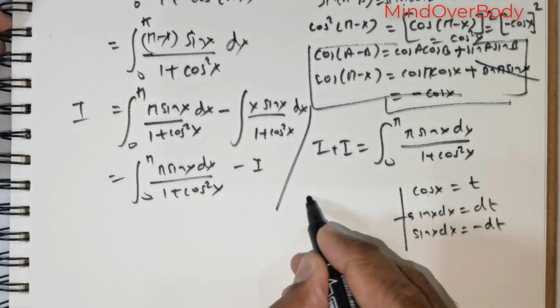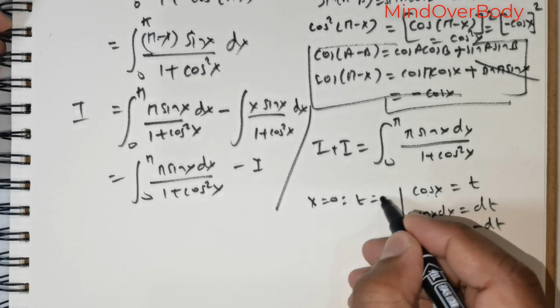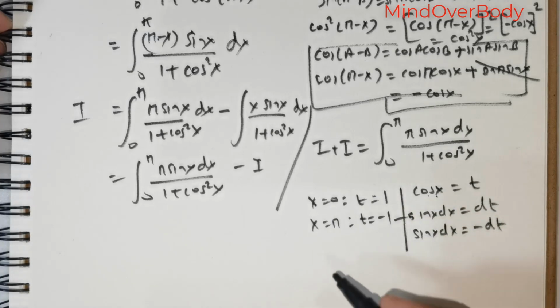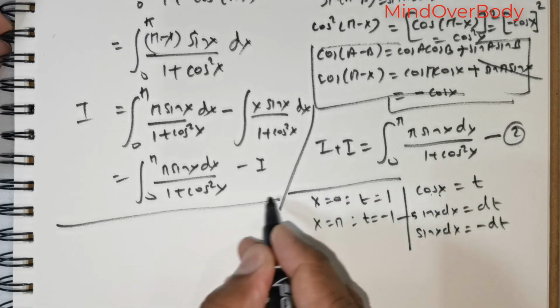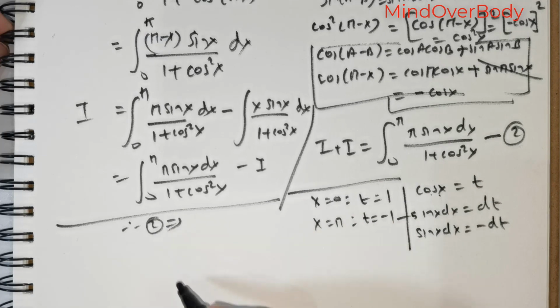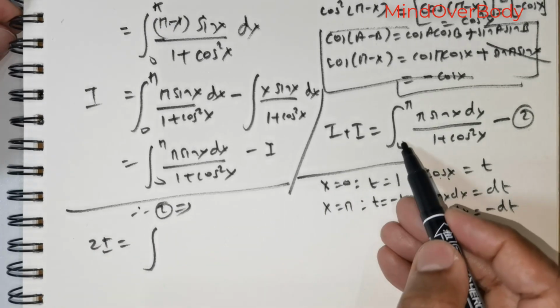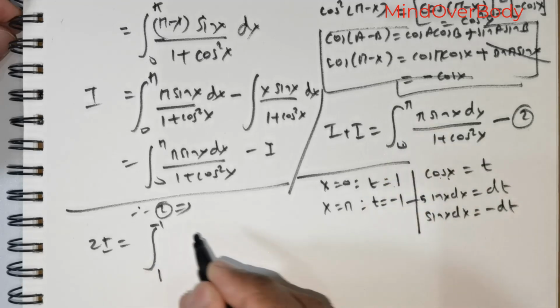Now when x is equal to 0, what happens? The t value will be 1. When x is equal to pi, the t value will be negative 1. Substituting all of this, on the left I have 2 times I, integral, lower limit 1, upper limit negative 1.